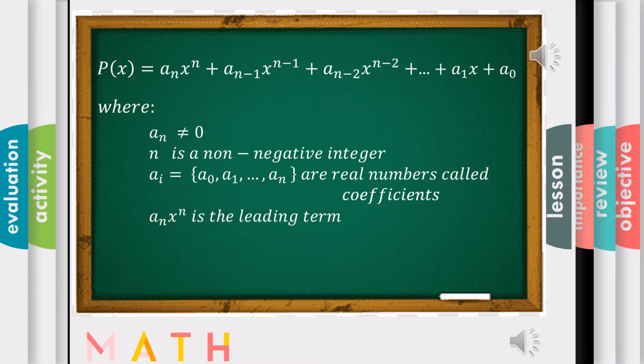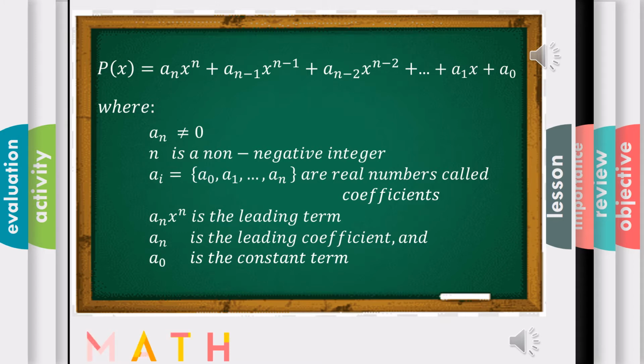A sub n times x raised to n is the leading term, a sub n is the leading coefficient, and a sub 0 is the constant term.